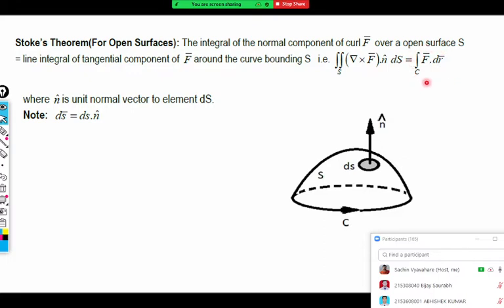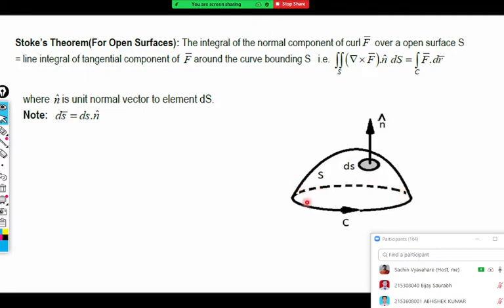Now this RHS is not new to you. We already learned it in the last session. This is just the work done, or line integral. So indirectly, the Stokes theorem transforms the double integral to a line integral, or it gives us a relation between double and single integral, where the amount of normal vector field passing out from the surface S is equal to the circulation of that F bar over the boundary, or the line integral of F bar over the boundary.